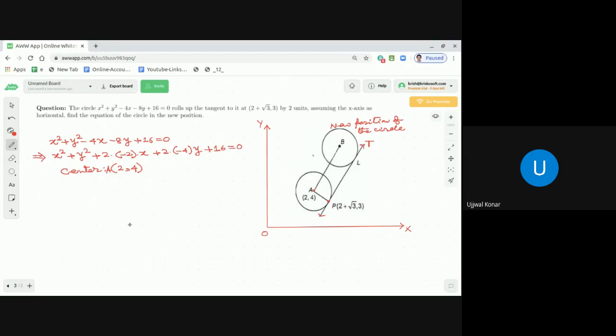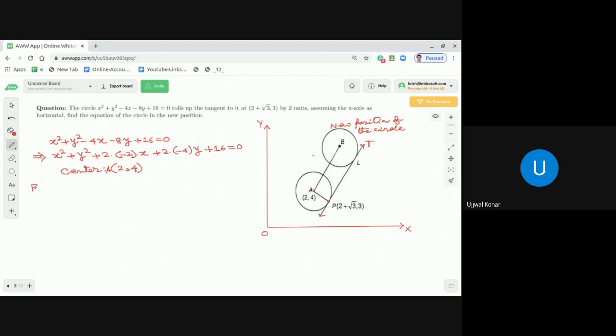So how do we find it, dear students? First, we need to find the equation of the tangent to the circle at the point (2 plus root 3, 3).